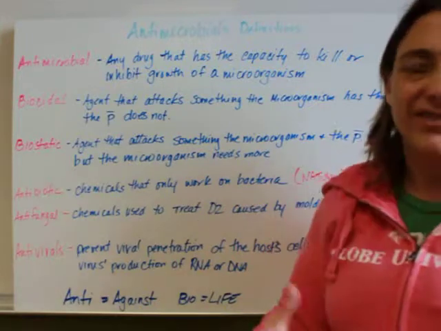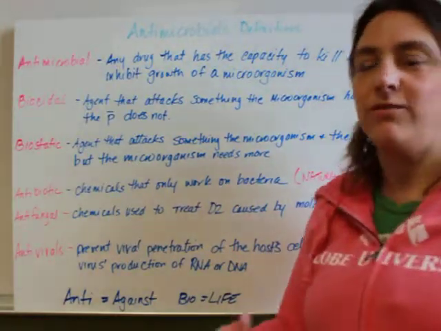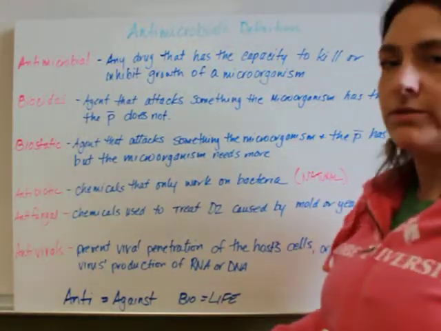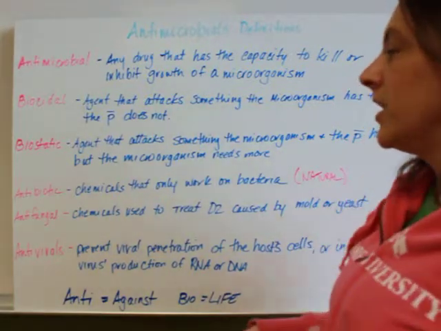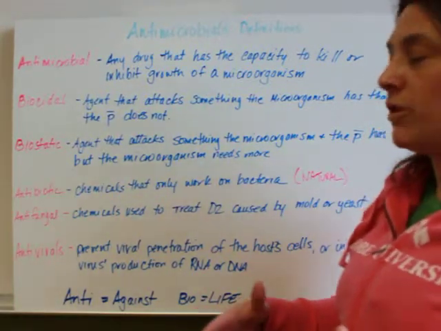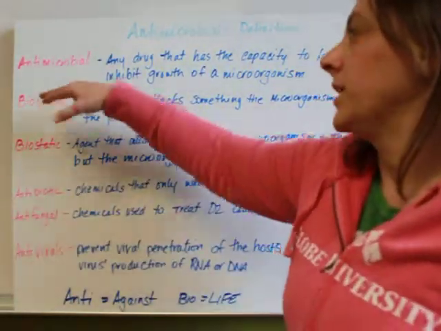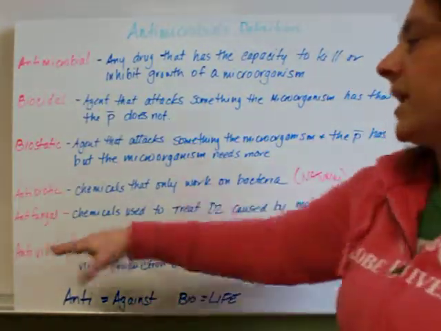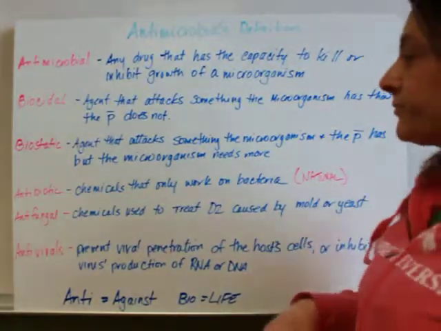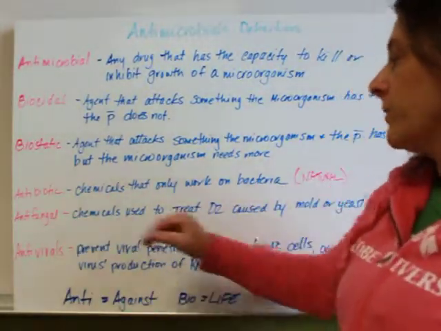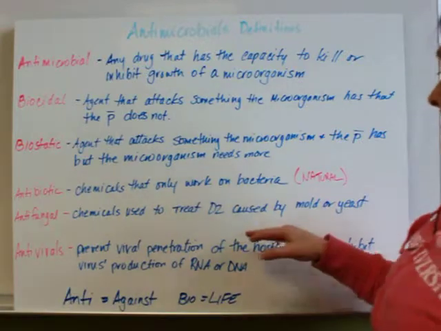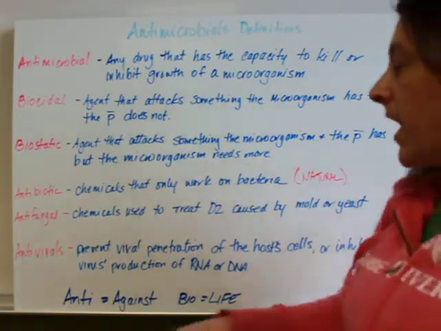So it's just kind of tit for tat, you know. Six of one, half a dozen of the other. It doesn't really matter, it's just that you need to know, because sometimes you will see something that says it's an antibiotic or an antimicrobial, and the difference is that antibiotic is a natural. Okay. Antifungals are chemicals that are used to treat a disease caused by mold or yeast.